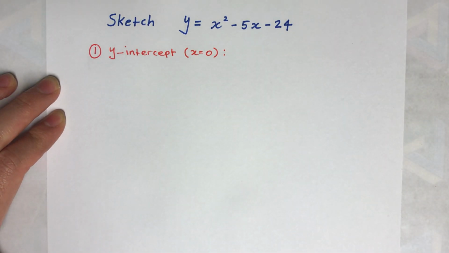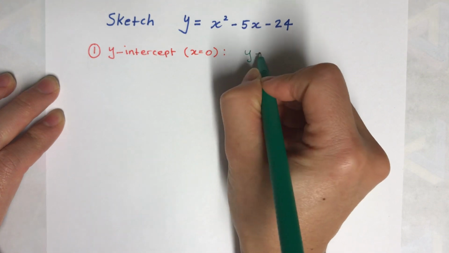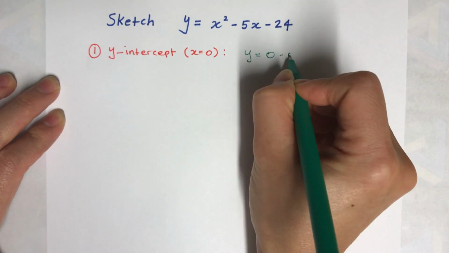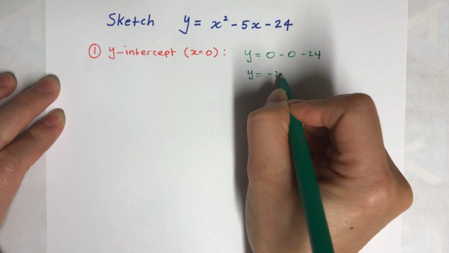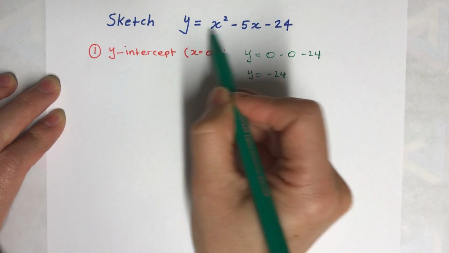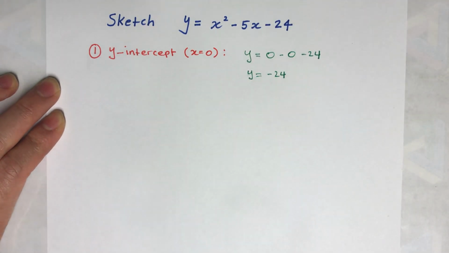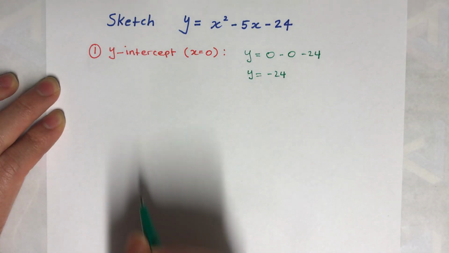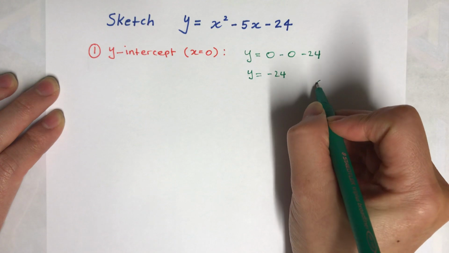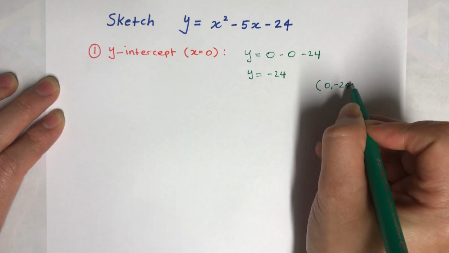I'm going to change the color and we'll put the 0 here. I will get minus 24. Normally the last bit without any x in it will be your y-intercept because it's independent. So my point will be 0 and minus 24.